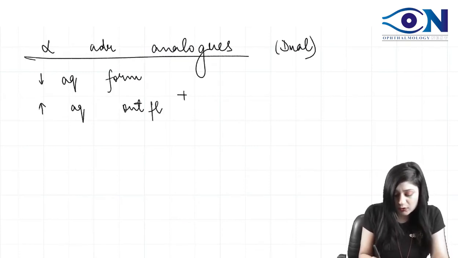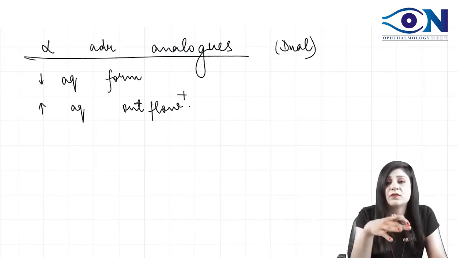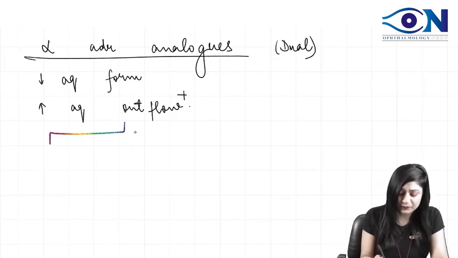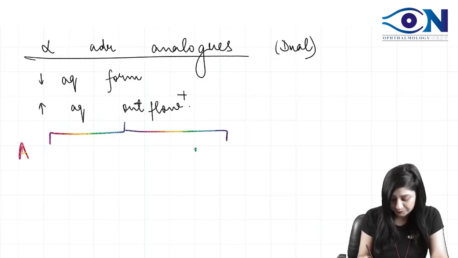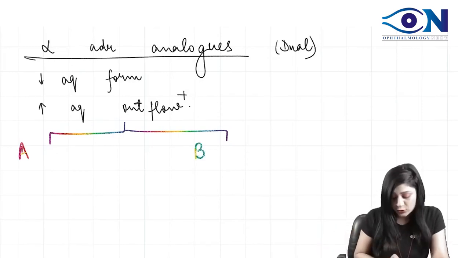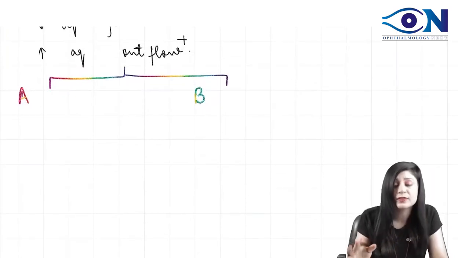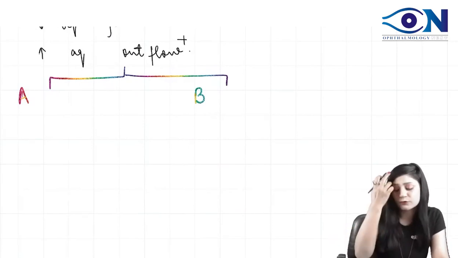Now if you talk about the two different drugs, one is selective and one is non-selective. We have apraclonidine and we also have brimonidine. Both of them are decreasing the aqueous formation and both of them are increasing the aqueous outflow.